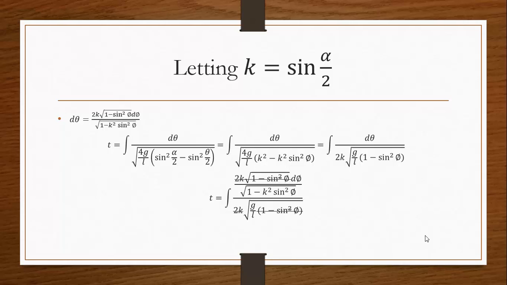Clearly 2k cancels out, and so does the square root of 1 minus sine squared phi. So we are left with t equal to the square root of L over g times the integral of d phi over the square root of 1 minus k squared sine squared phi. Thank you.